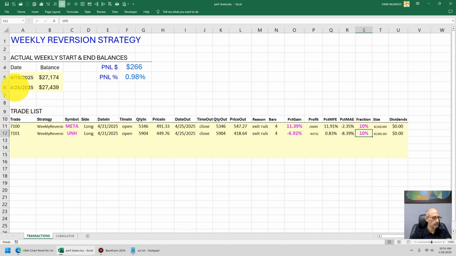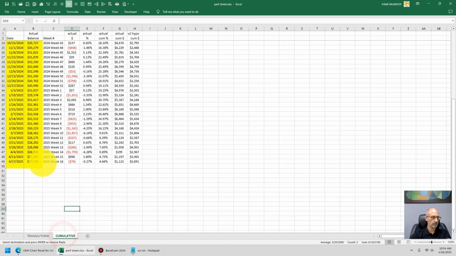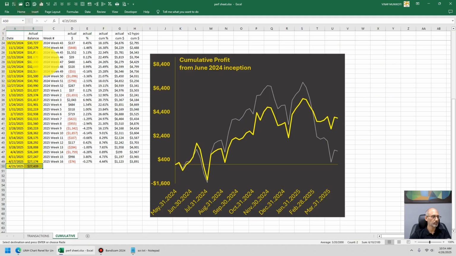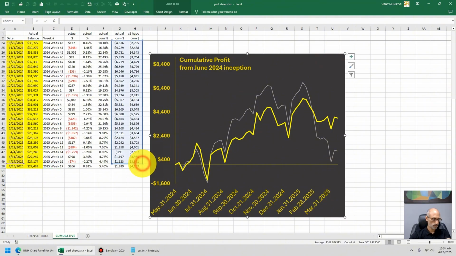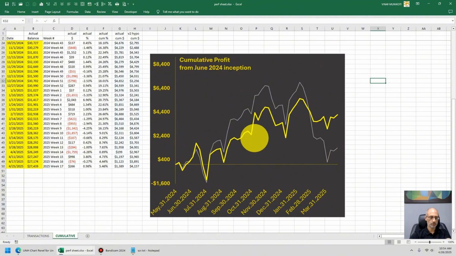And let's now input the ending balance into the cumulative tab. And I update the graph here. So what we see in the graph is there's 2 lines. The gray line is the actual account growth since June 2024. And that contains both version 1 and version 2 of the strategy.